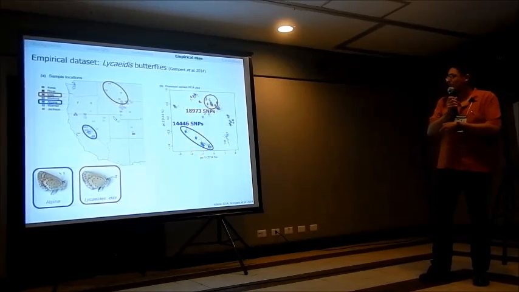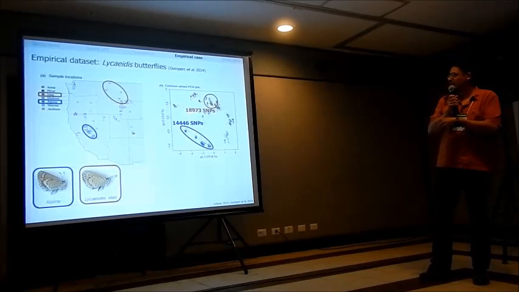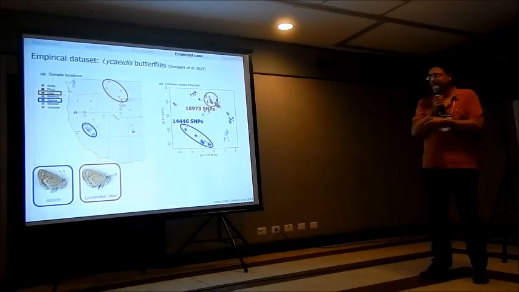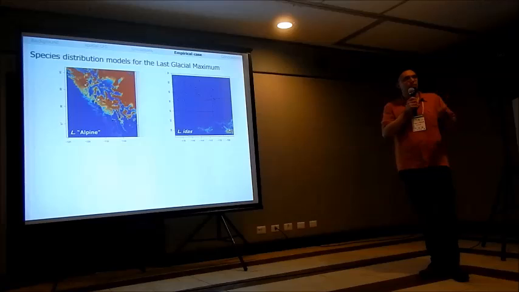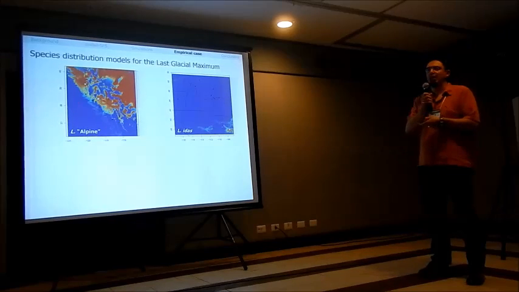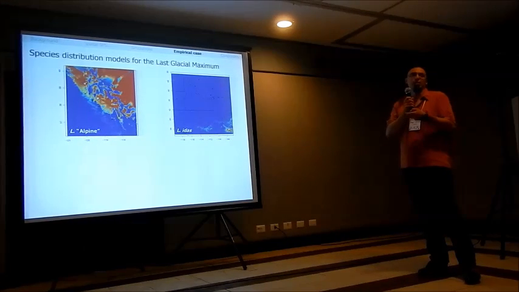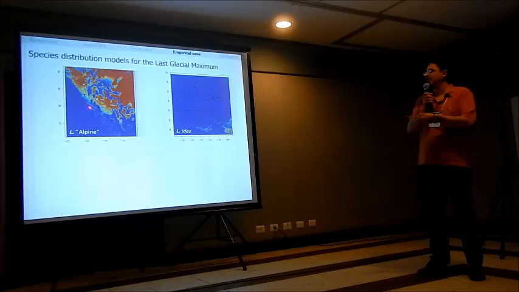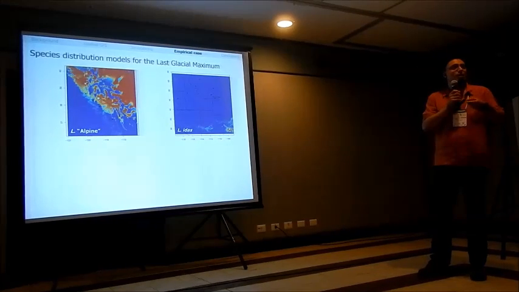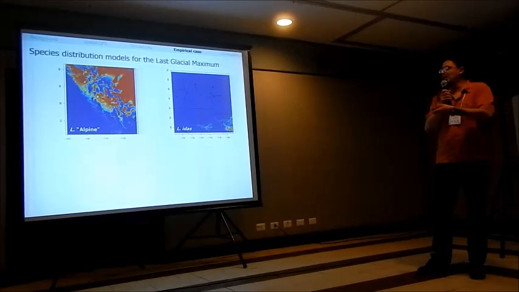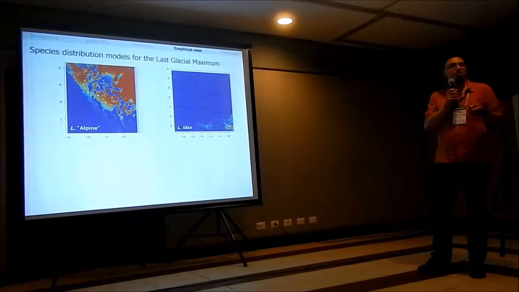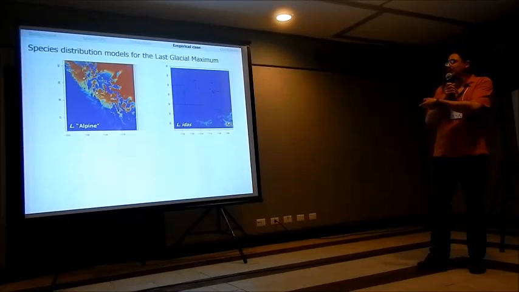I selected only 2 species, and we have, as you can see, over 15,000 SNPs. And as a proof of concept, I created niche models for the last LGM. I created them in the present and retroprojected to the past and asked whether my method will correctly identify areas of high suitability, which is where you would expect them to actually stay.